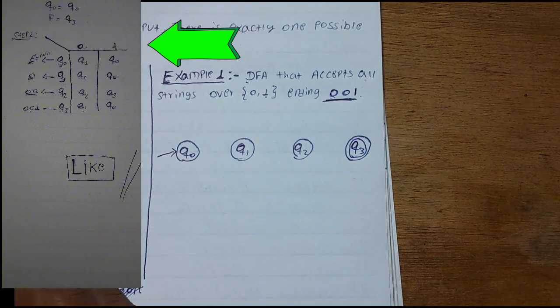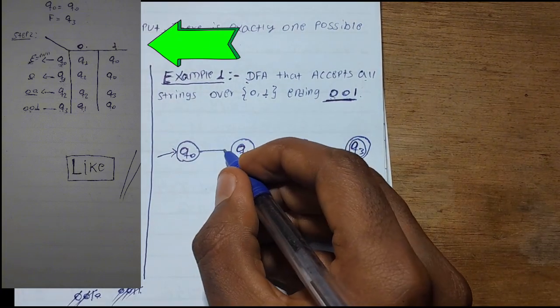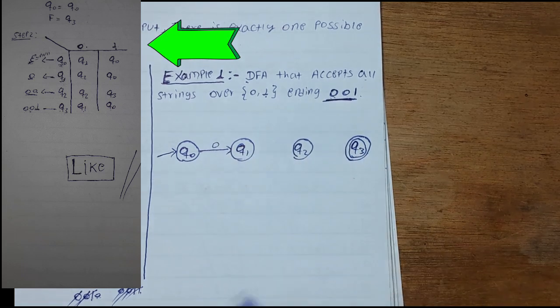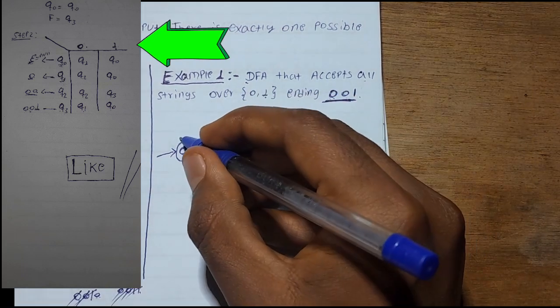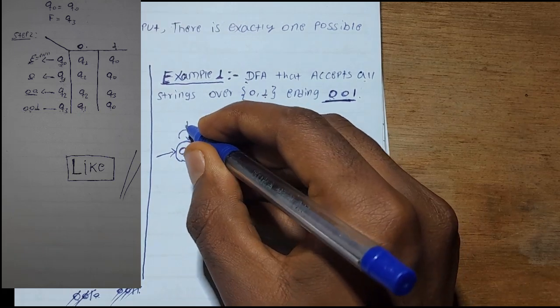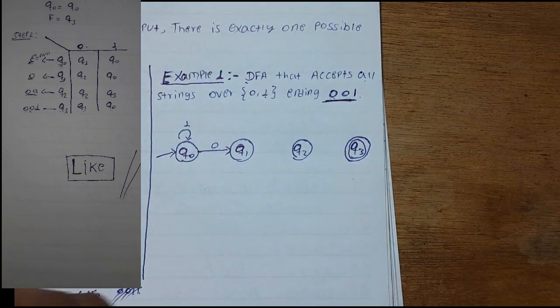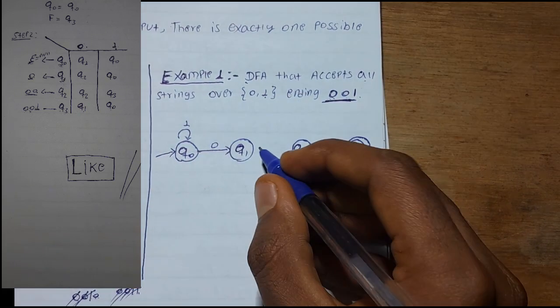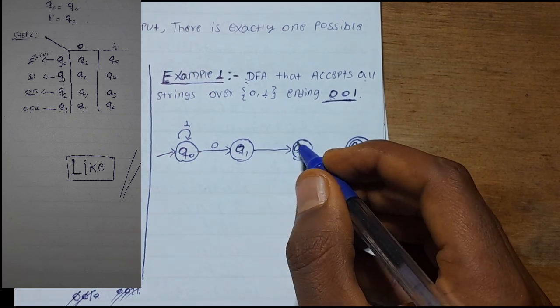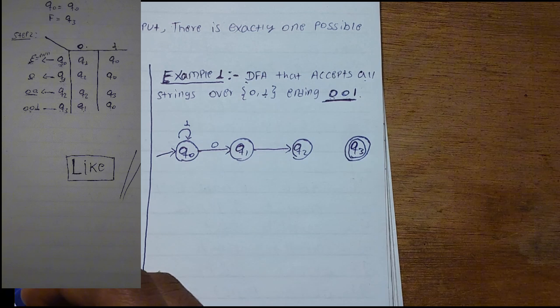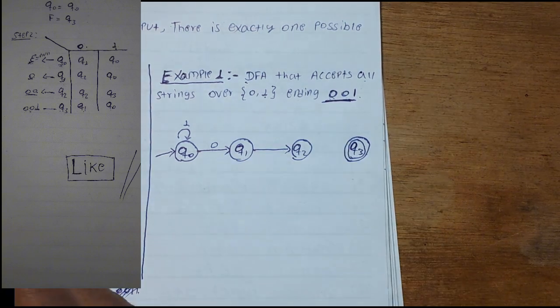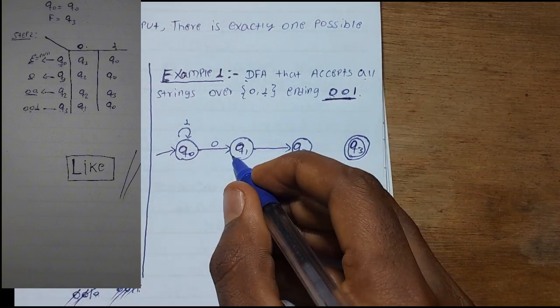So q naught, getting the input 0, goes to q1, and when getting the input 1, it goes to itself. q1 when getting the input 0 goes to q2, and when getting the input 1 returns to q naught.